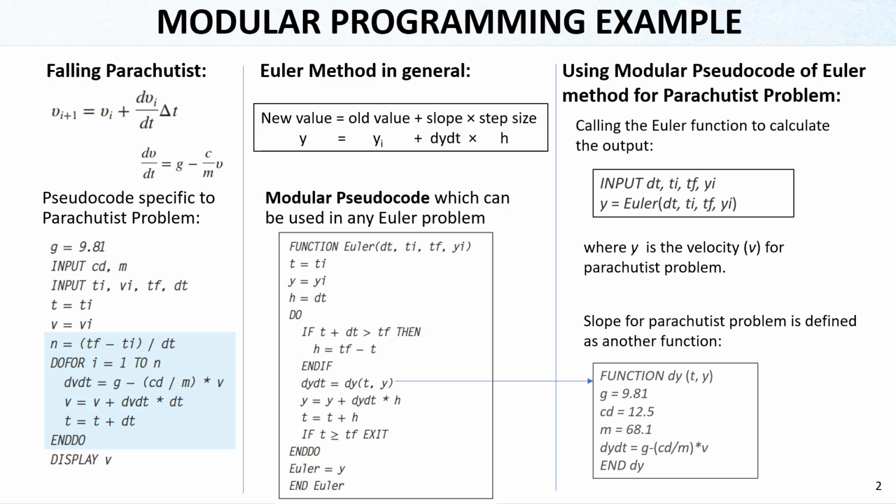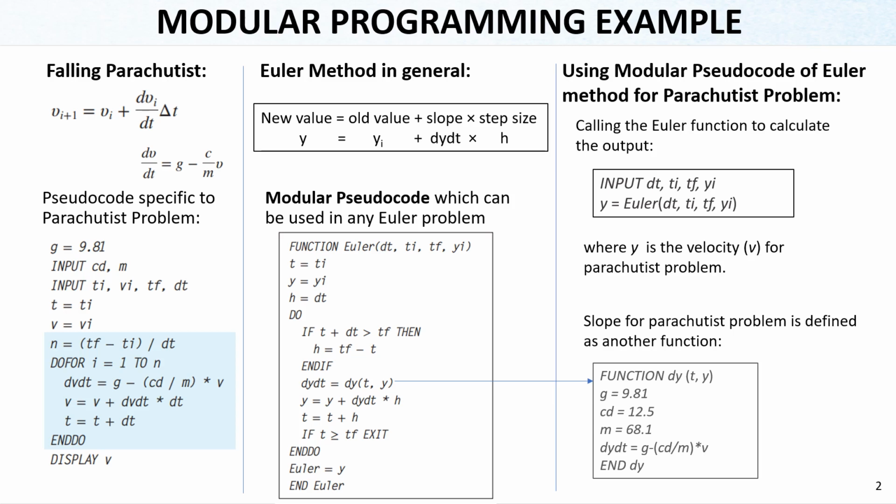Then we calculate in this general Euler function and find the velocity of the parachutist. And in this function, g, cd, and m are inputs, and it's just the formulation on the left hand side, and we finish calculating it. So eventually we calculate dy/dt and calculate y and t using the inputs defined here, and this gives us the y value, which is the velocity eventually.